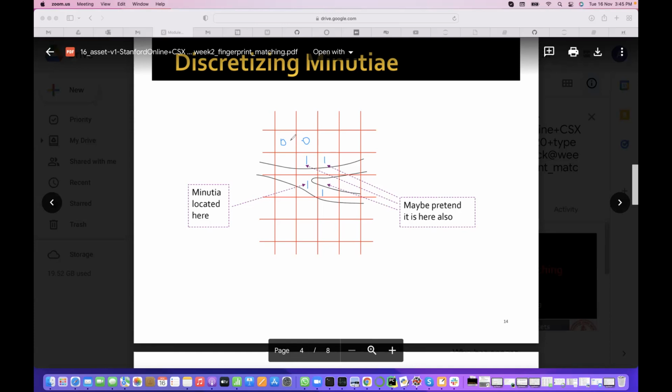So if you have 20 divisions, suppose they fall equally, and you have 100 fingerprints. If you want to compare each fingerprint with every other, then your complexity is 100 square. Then if you make 20 divisions, each one will get 5 on average, if you put the 100 into 20 buckets.